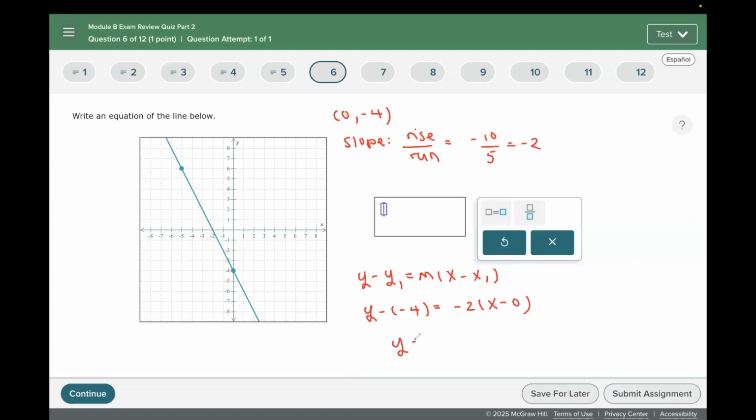So that's y plus 4 equals -2x plus 0 if I distribute. And then I'll subtract 4 from both sides, so y equals -2x minus 4. And notice this is the y equals mx plus b form. So we said the slope was -2, and the y-intercept is right here at -4. Very good. So we'll have y equals -2x minus 4. Very good. Let's keep going.